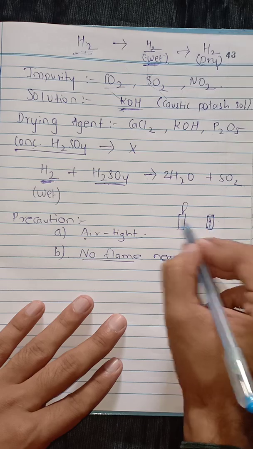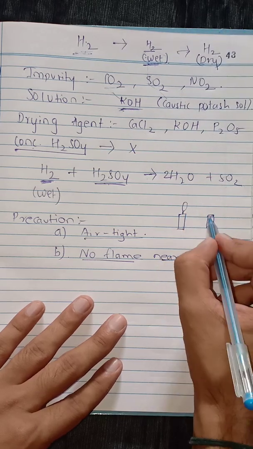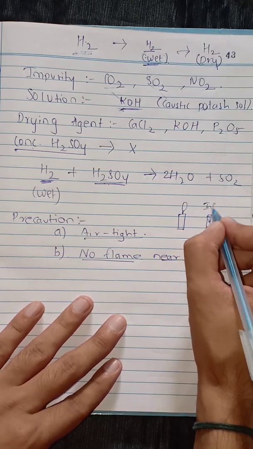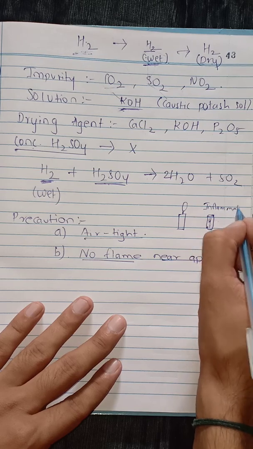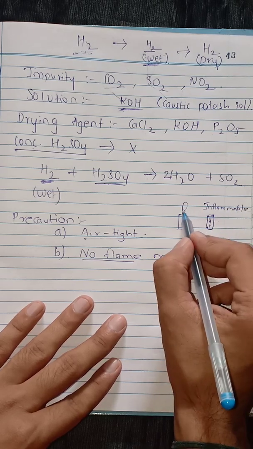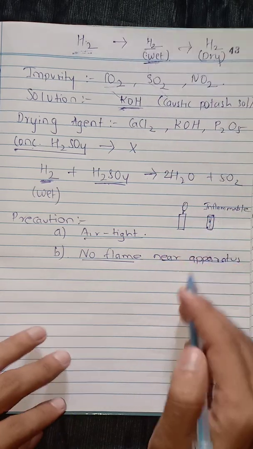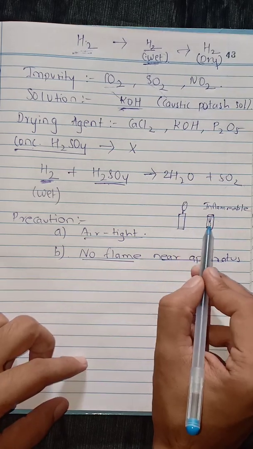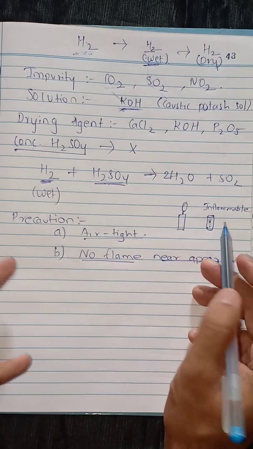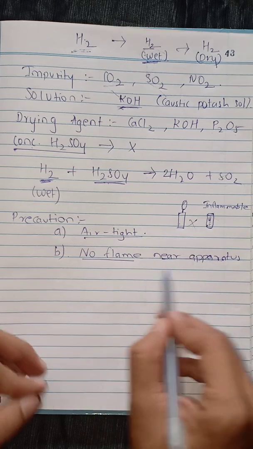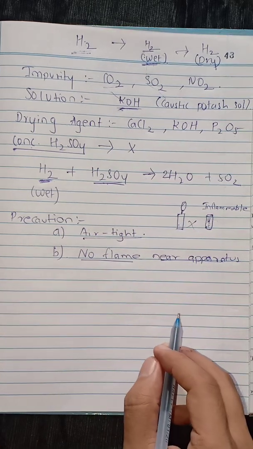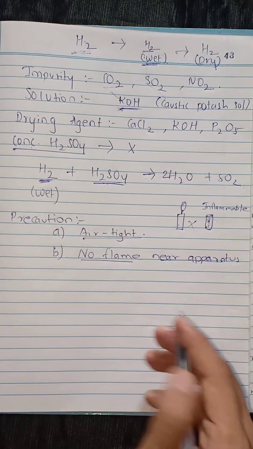If they are nearby, तो hydrogen itself is an inflammable gas. Inflammable मतलब क्या, वो आग लगा देगी, okay, and this flame would help this hydrogen to get burned up. So that is why no flame should be near the apparatus, since the hydrogen gas is inflammable in nature.